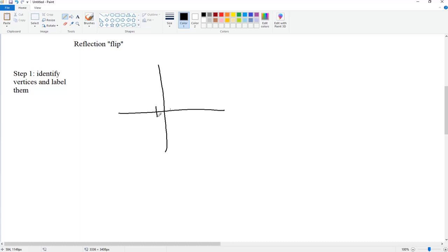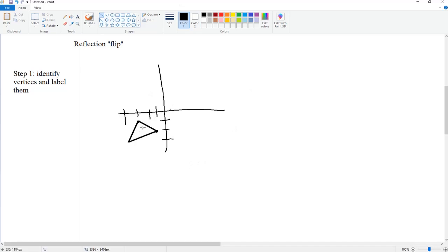I'll put it on this side. So 1 point there, and then maybe 1 point over here, and then 1 point over here. So this is my shape, my 3 points, and I'm going to connect them. So let's say this is the shape that we're given. My first step is to identify and label my vertices.